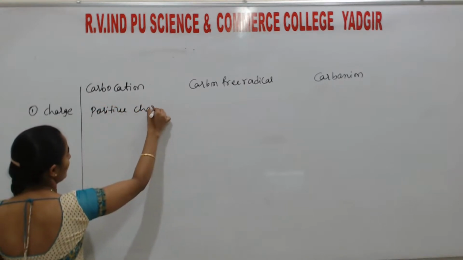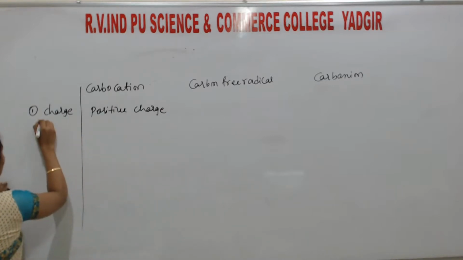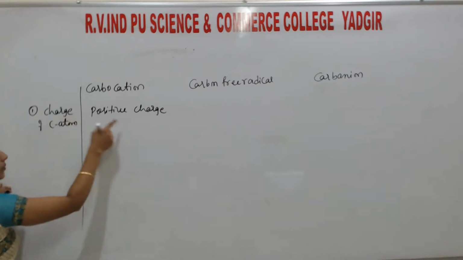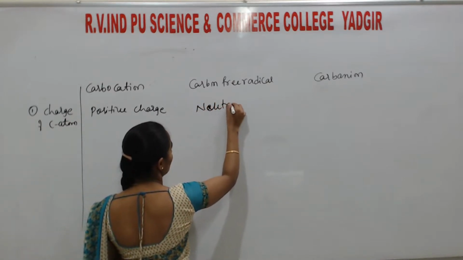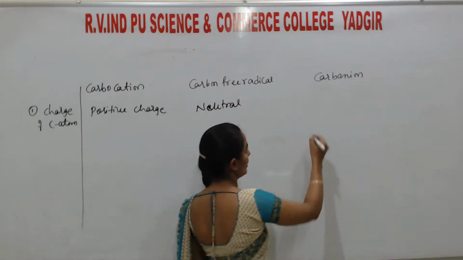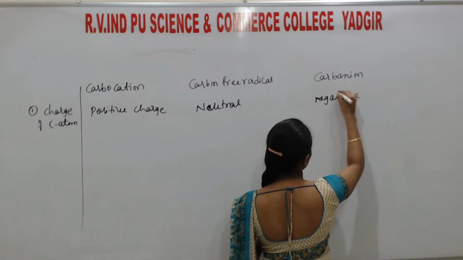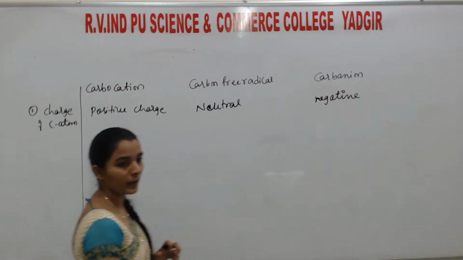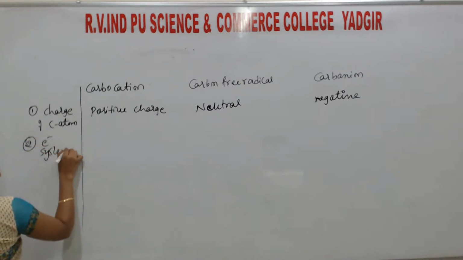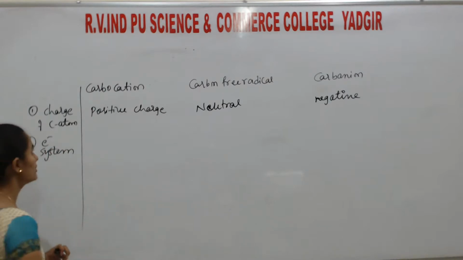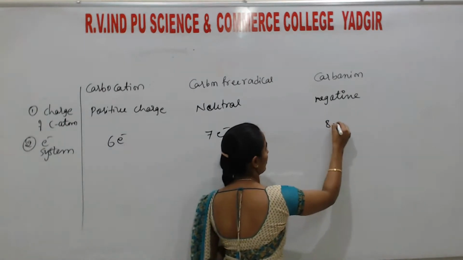Remember, always you should consider the charge of the carbon atom. Carbocation has positive charge. Free radical means neutral charge, and this is negative charge. Okay, next, second one, electron system. This is 6 electron, this is 7 electron, this is 8 electron.